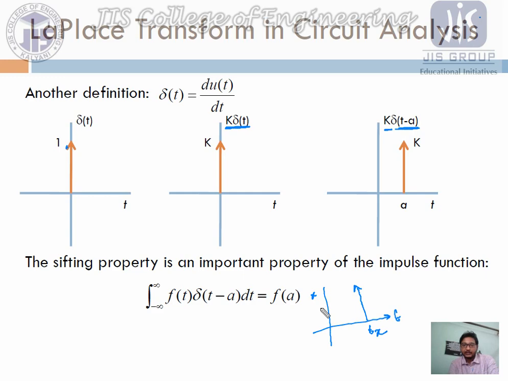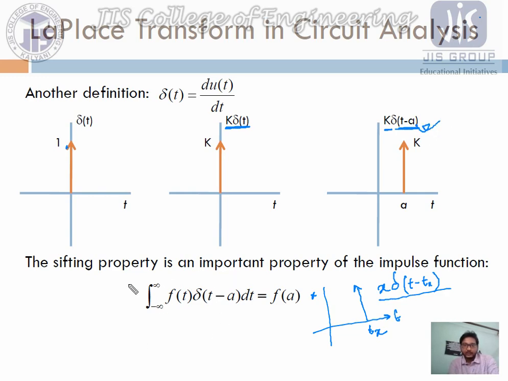So what can we write? We can write the function as x delta of t minus tx, where x is the amplitude and delta stands for the impulse signal, at tx time, t minus tx. We can write that in a similar way.